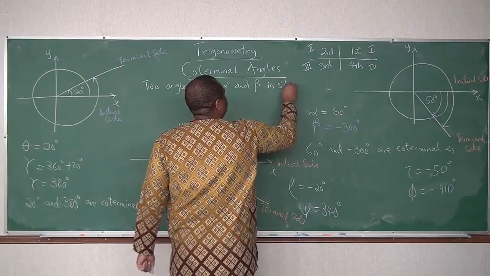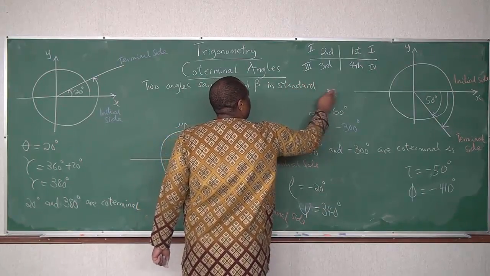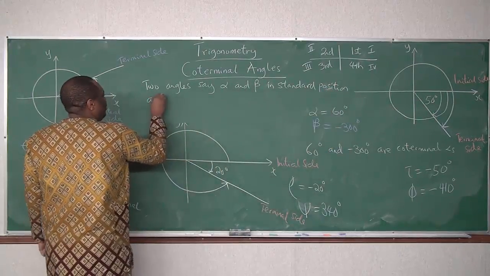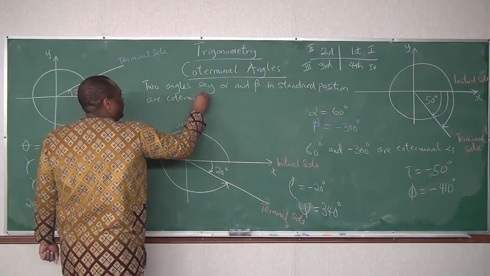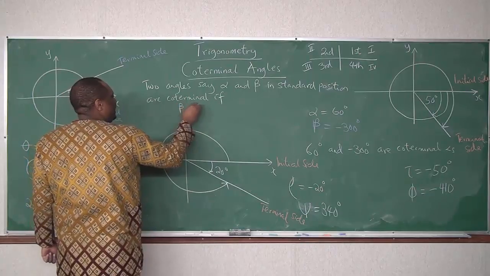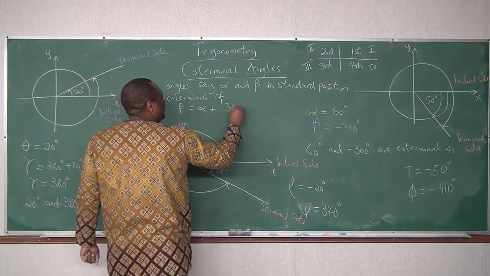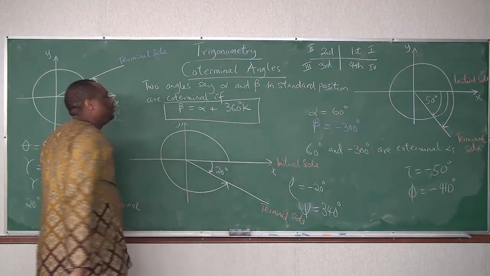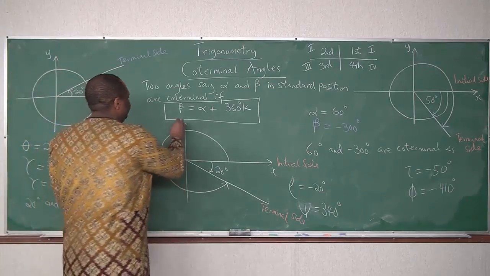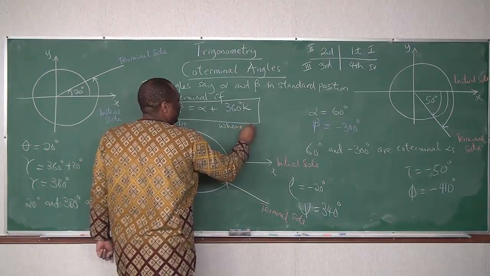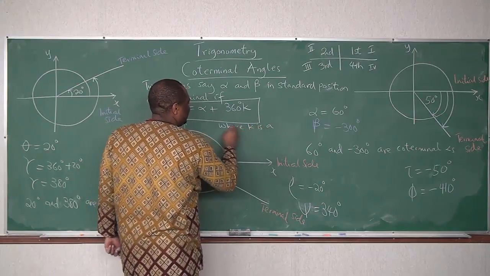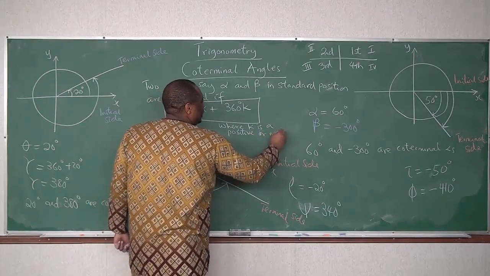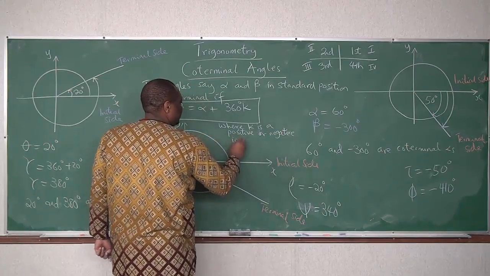So two angles, alpha and beta, in standard position, are coterminal if beta is equal to alpha plus 360 degrees times k, where k is a positive or negative integer.